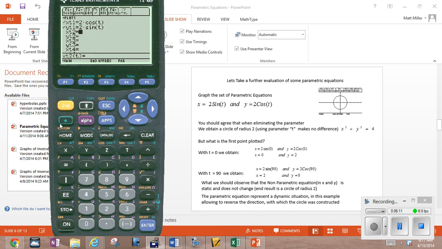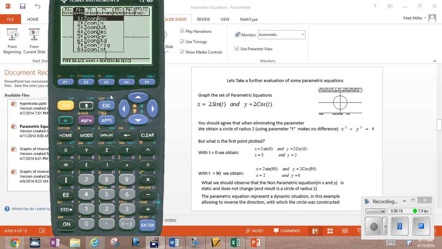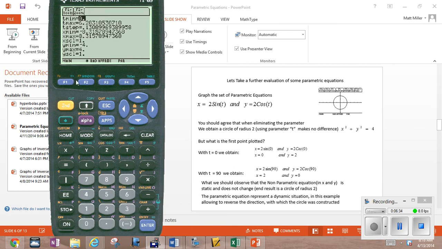So this is our graph of our circle of radius 2. No surprise in there. I might want to just come back and tweak that, again, zooming square. Okay. I'm just going to make one slight change here. I'm going to make that circle of radius 3 just to get a better view of it.